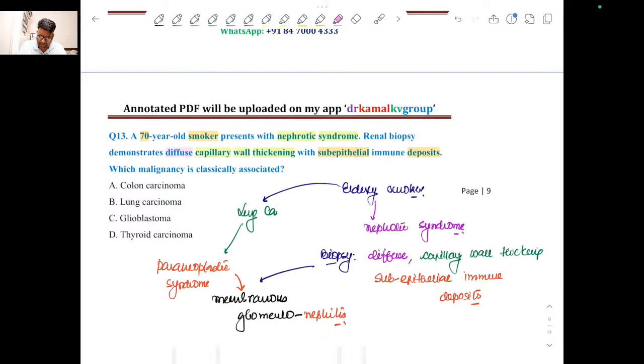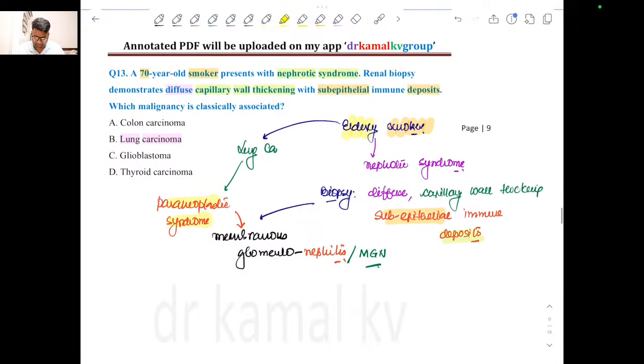Since the patient is an elderly smoker, he has all possibility of developing lung cancer and secondarily involving the kidney, causing membranous glomerulonephritis, right. So, this is MGN, and the classical keyword is subepithelial immune deposits. Clear? Very good, Bhuvana. So, this is MGN, paraneoplastic syndrome secondary to lung carcinoma.